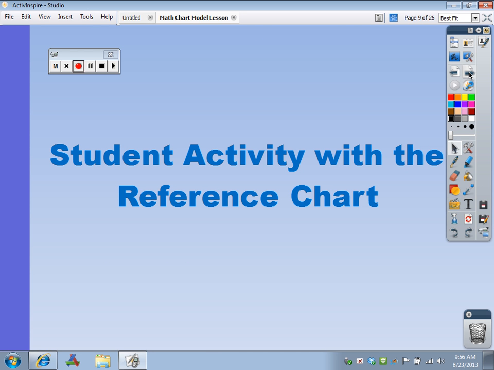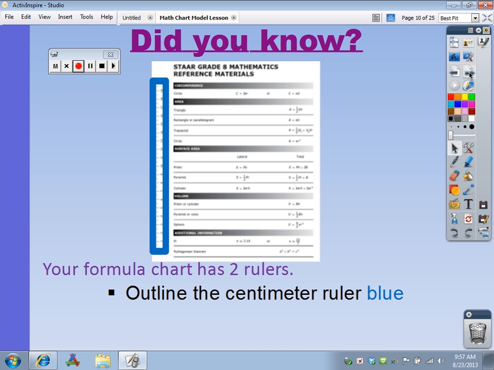Now that we have completed an overview of the chart, let us personalize our reference materials. Start by placing your name on the top of the chart on the same side as the centimeter ruler. Next, please take a blue marker and outline your centimeter ruler.